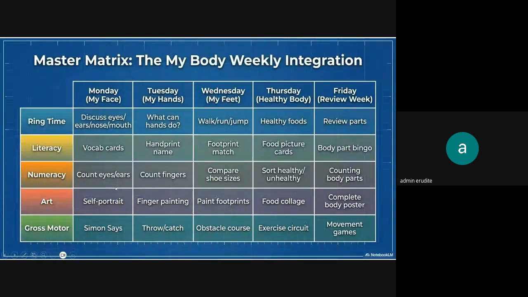So for example, mine would say my body. Okay, then discussion, sure, no problem, we can do the discussion. For literacy, we can do the vocabs, but I'm going to add in a story time, because now I need to do literacy for half an hour. We can't focus on just cards for half an hour.